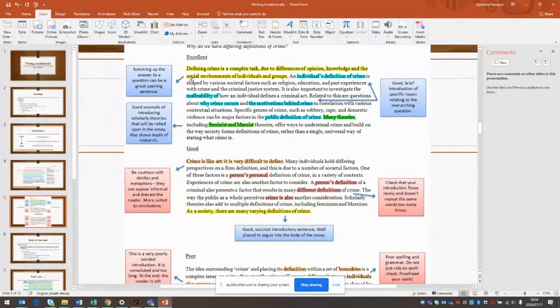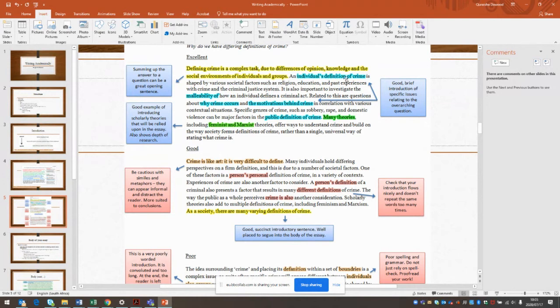Okay, excellent introduction would say defining crime is a complex task. Okay, so we've brought in the definition here from the topic. Due to differences of opinion, differing knowledge and the social environments of individuals and groups. So we're already getting into the argument of what our author is going to say.